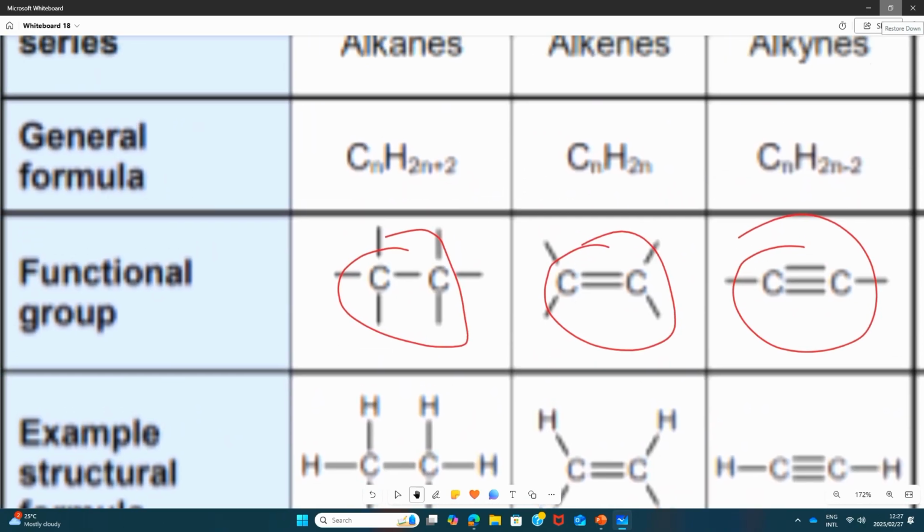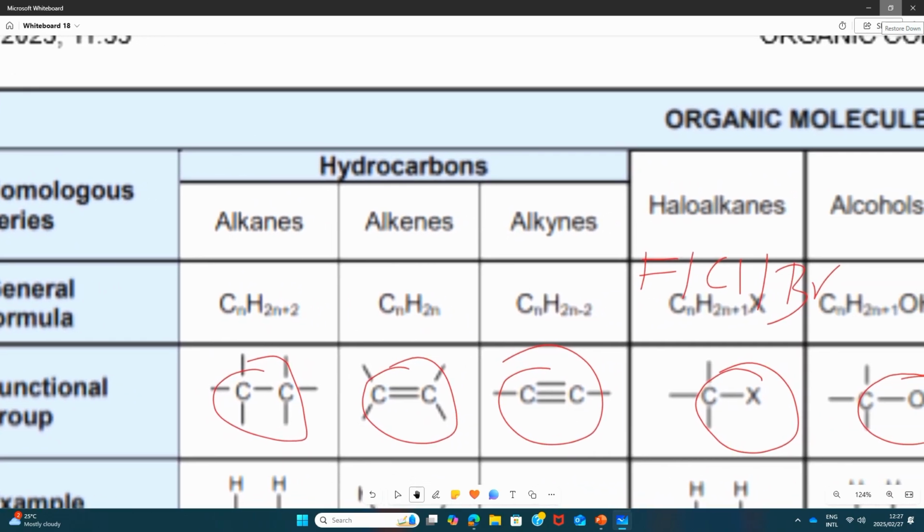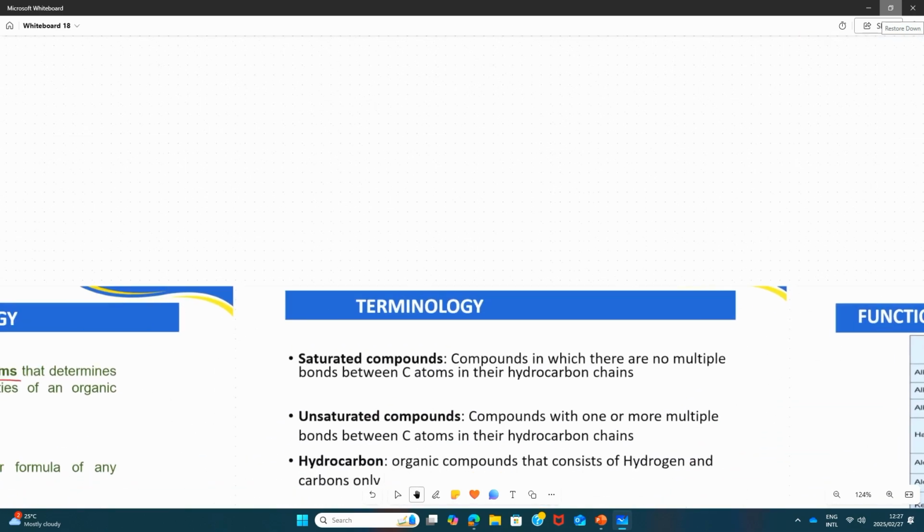You remember that I said that for our alkanes, the general formula is CnH2n plus 2. For alkenes, the general formula is CnH2n. For alkynes, CnH2n minus 2, and so on and so forth. So therefore, what is a general formula? A general formula is a formula which is used to determine the molecular formula of any member in a homologous series.